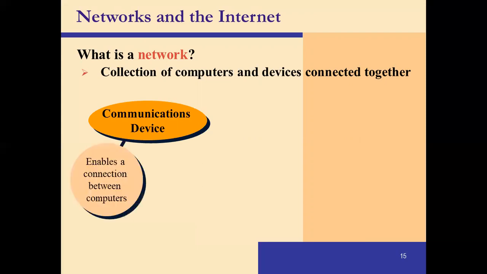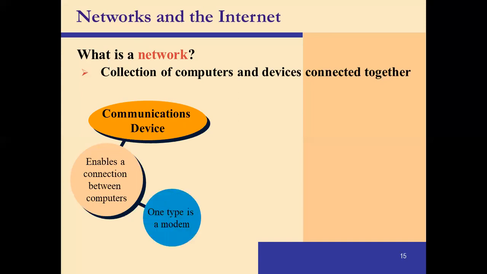Communication devices enable the connection between computers. Right now we are connected through the internet. So the internet is our network, and we are using Zoom. Zoom has a network of servers that are connected together so that we can communicate with one another through the internet.